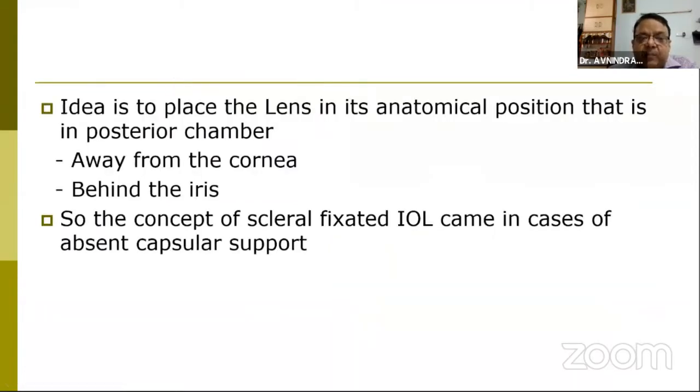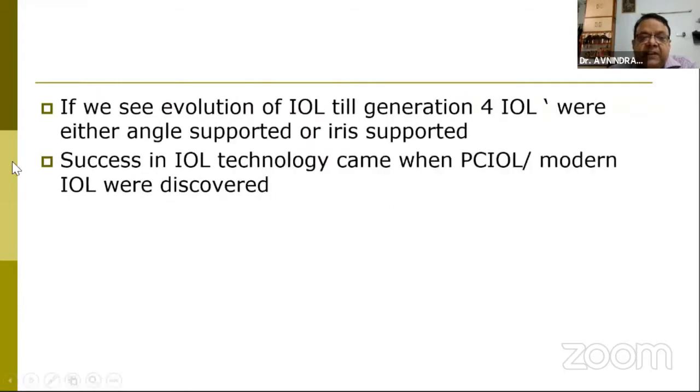So the idea is to place the lens in its anatomical position, that is posterior chamber, away from the cornea, behind the iris. So the concept of scleral fixated IOL came in cases of absent posterior capsular support. If we see the evolution of IOL till generation 4, IOLs were either angle supported or iris supported.